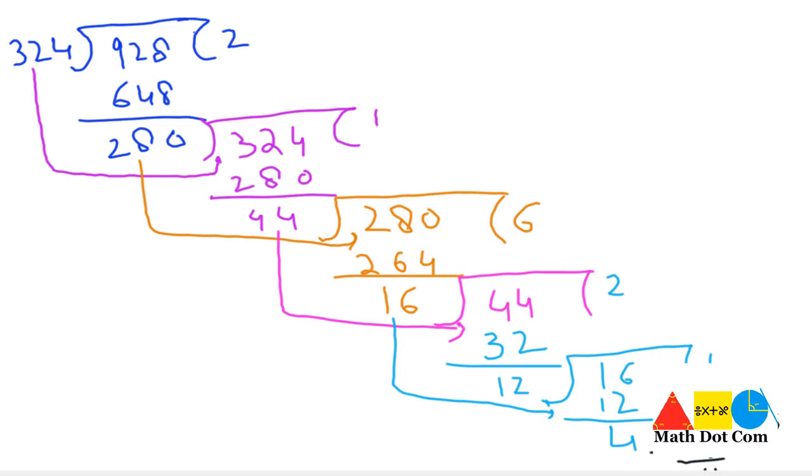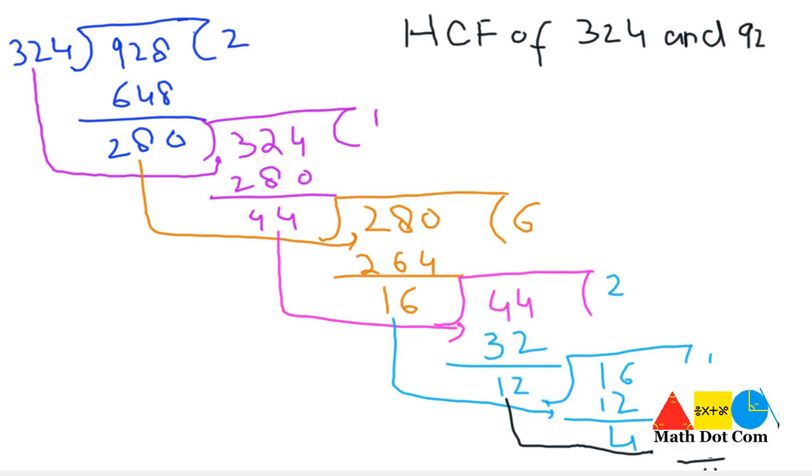This was the concept of the long division method for large numbers when you want to find the HCF. So we can say here that the HCF of 324 and 928 is 4.